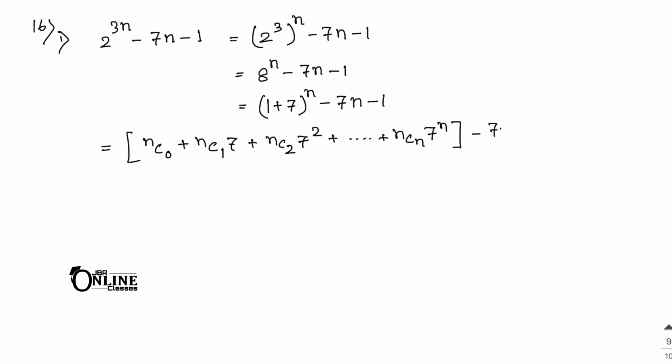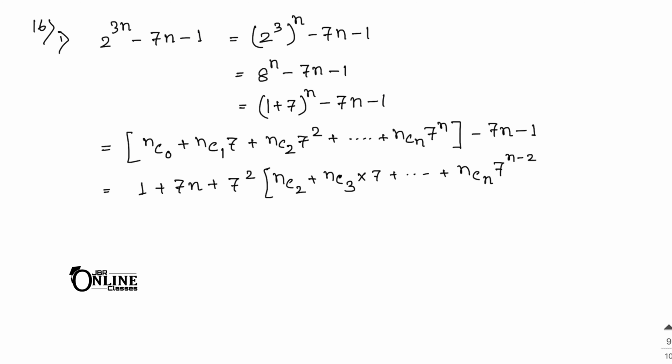Then minus 7n minus 1. So the first one will be 1, the next one will be 7n, and after that, if 7 square is common, you can write nC2, then nC3 into 7, dot dot dot, in this way the last one will be nCn and 7 to the power n minus 2. Then minus 7n minus 1.